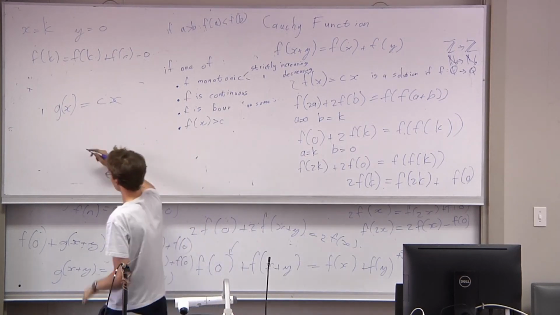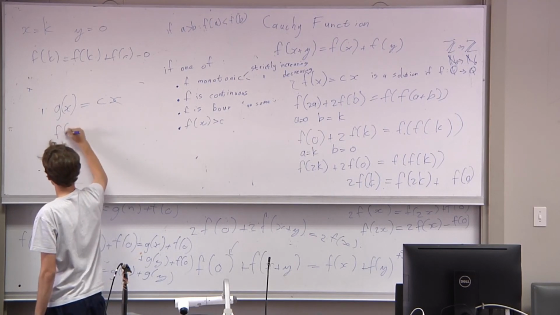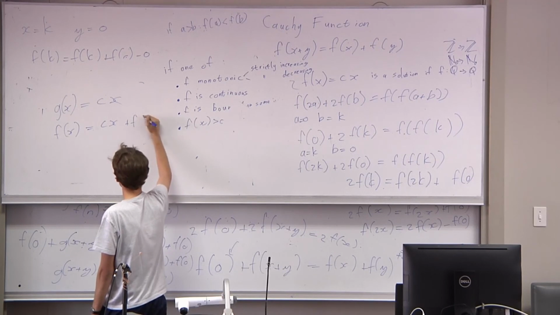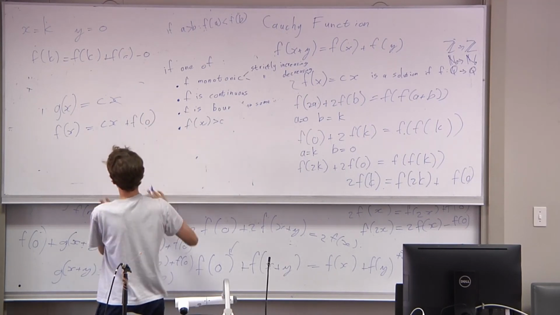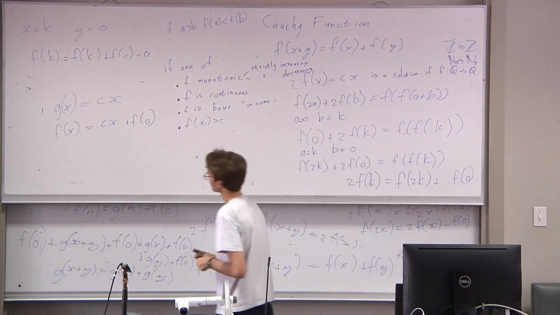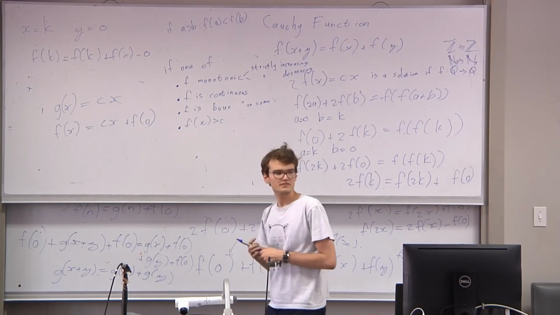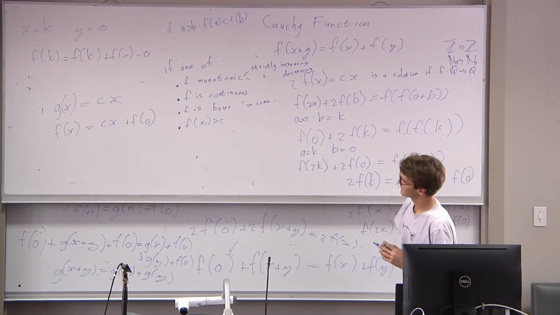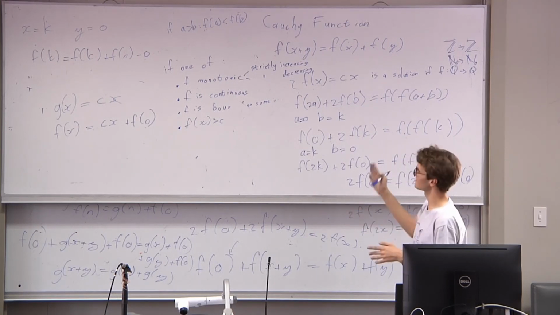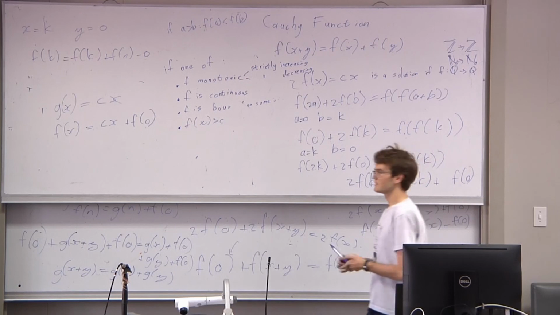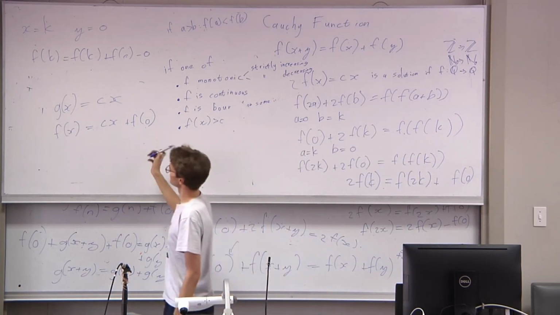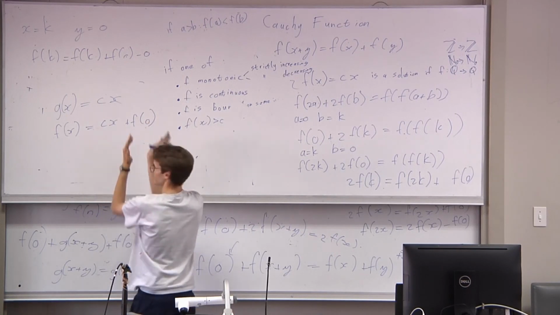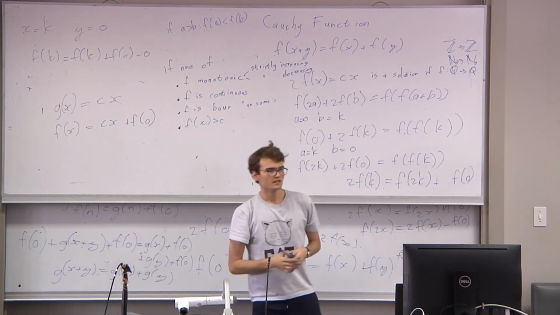And that means that f of x must be c times x plus f of 0. So now we have something of that form. Now this is an explicit form for the function. So we have f of x is something times x plus some constant, whatever it is.